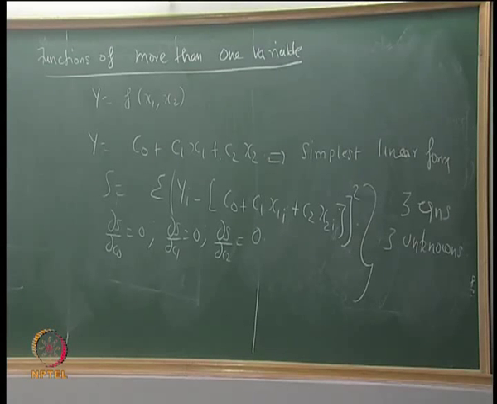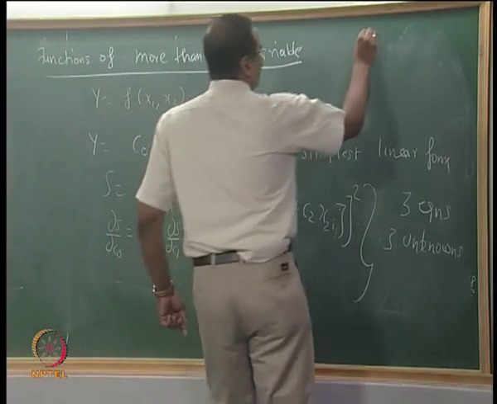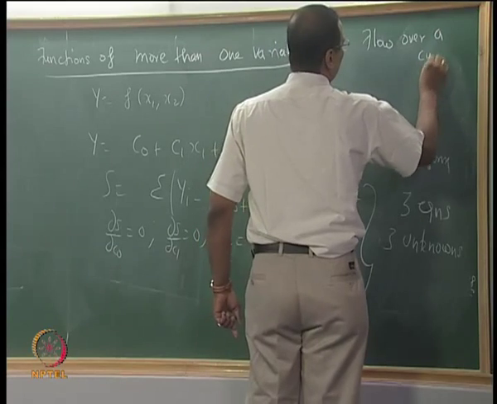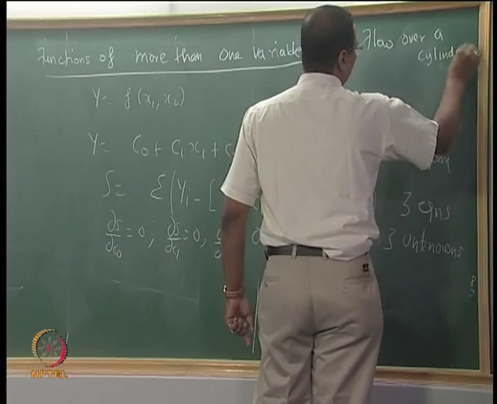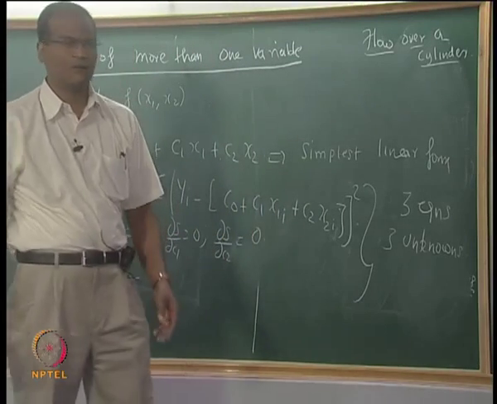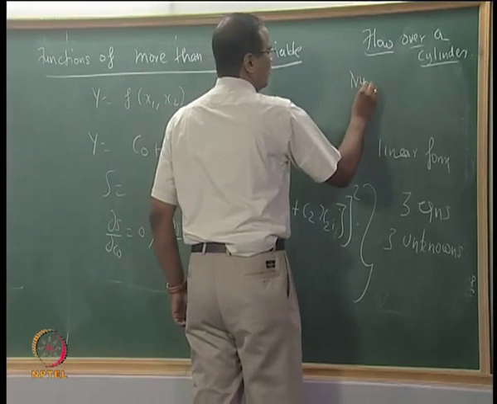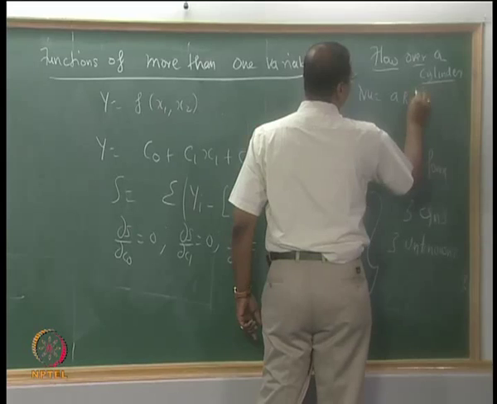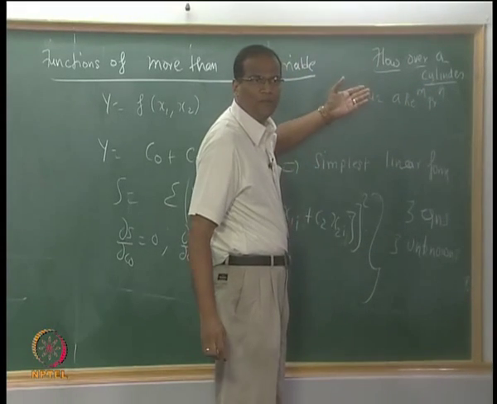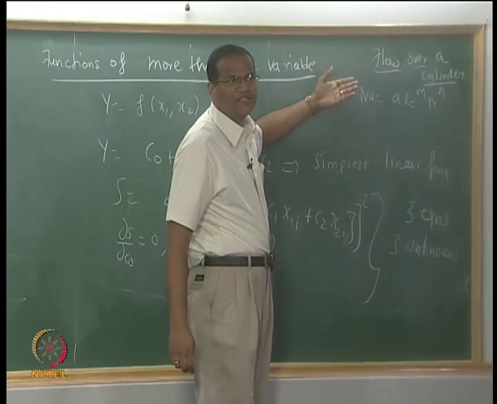What is the immediate provocation for trying to understand a form like this? For example, if you have flow over a cylinder, okay, so the Nusselt number goes as A Reynolds number to the power of m, Prandtl number to the power of n. This is also turbulent flow over a pipe, Dittus-Boelter equation, Seider-Tate equation.